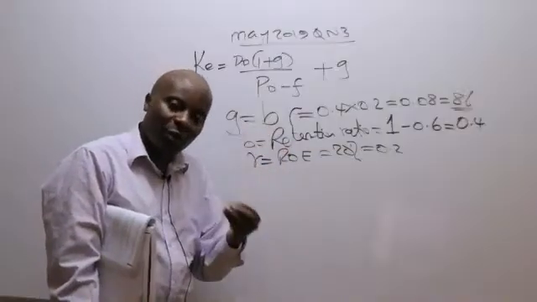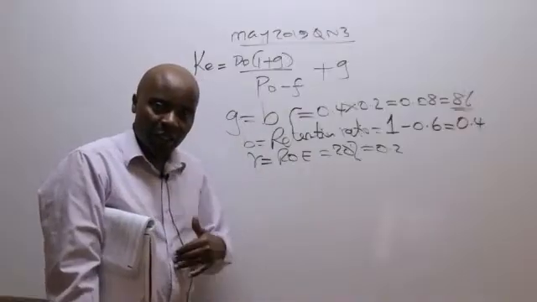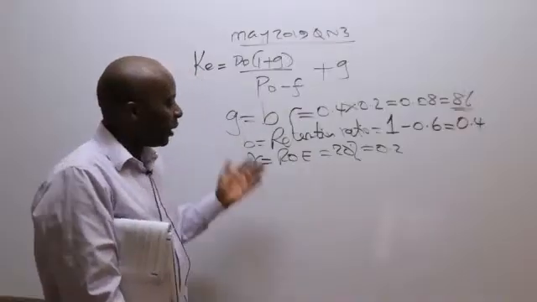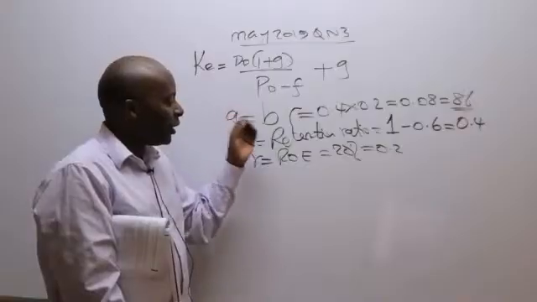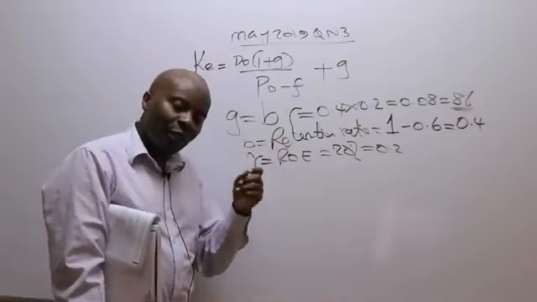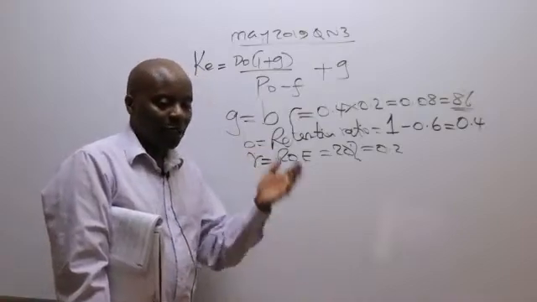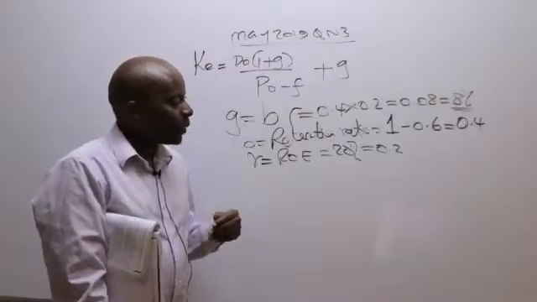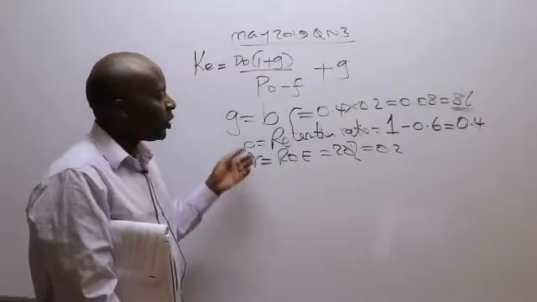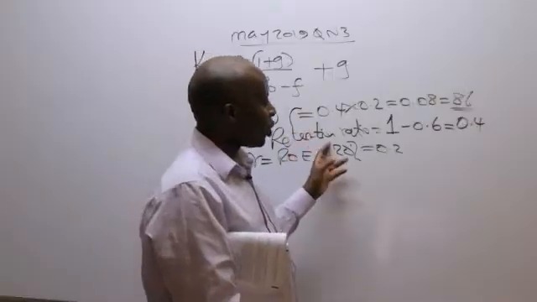Out of your salary, how much are you able to retain to go into your investments? Or does everything you get go to the stomach? No. So our g should be equal to the retention ratio multiplied by the return on equity, the return from the investments that we shall put these retained monies into.